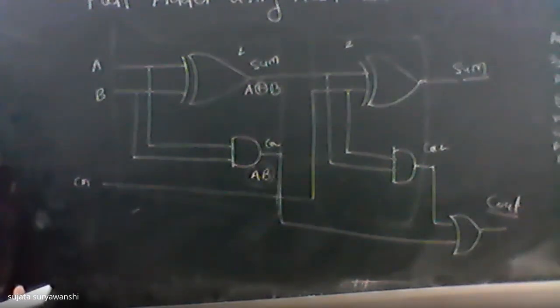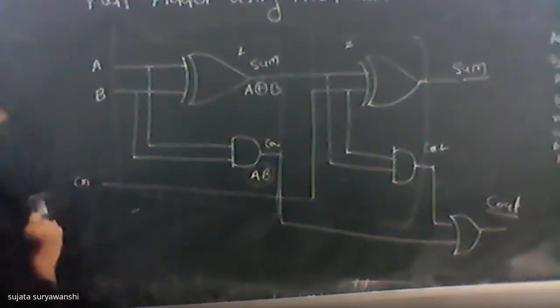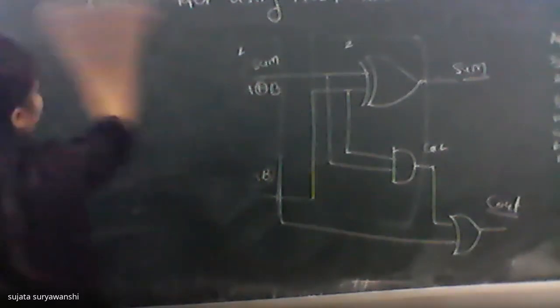On the basis of combinations of input, you have to write down the output bits, that is sum and carry. After that, you have to write down the K-map to find the Boolean equation, simplify the K-map to get the simplified Boolean equation, and lastly, you have to draw the logic diagram or circuit of the given problem definition, that is full adder. Okay, so now we'll see design half subtractor. Can you design this half subtractor?